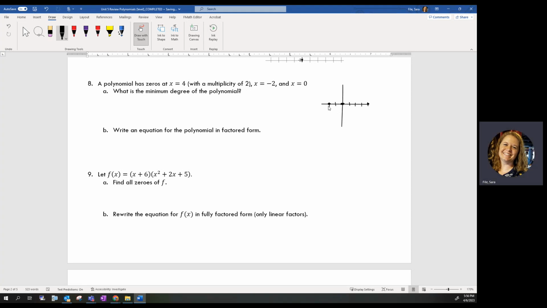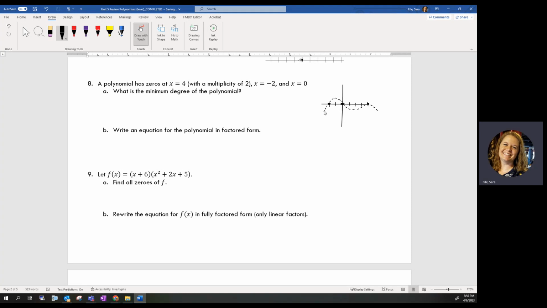Now, we don't know the direction of the end behavior or anything like that, so we can just pretend and say, well, we know it has to cross at these, so it's got to turn there, and then it's got to come back to this one, but it can't cross, so it has to turn again and come back down if we started this direction.